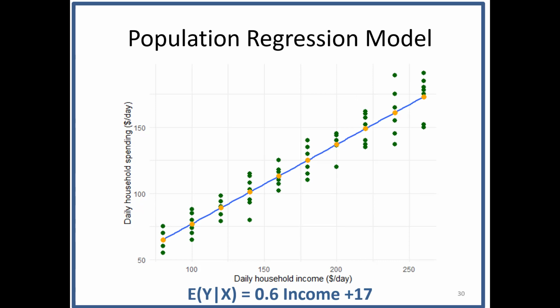In this case, the equation for the line is 0.6 income plus 17. So our slope is 0.6, or 60 cents, and our intercept is 17.